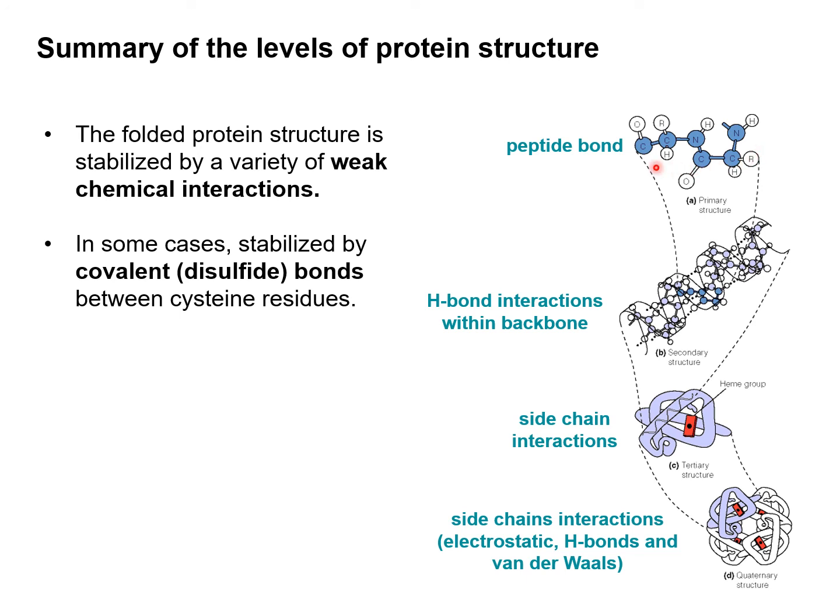So here are peptide bonds that link together the amino acids to form the primary structure of the polypeptide. And also, there can be hydrogen bonding interactions within the backbones of those polypeptides to form the secondary structure. Within this secondary structure, the side chains of amino acids within this polypeptide can interact with each other to form this 3D structure, which is a tertiary structure.